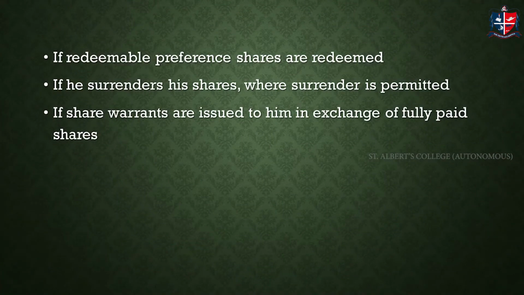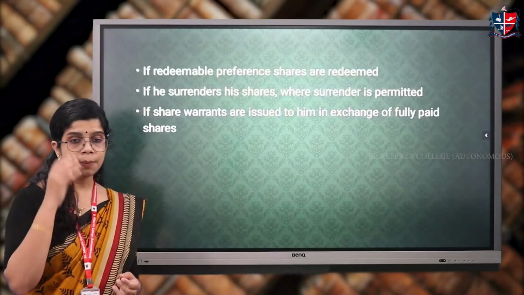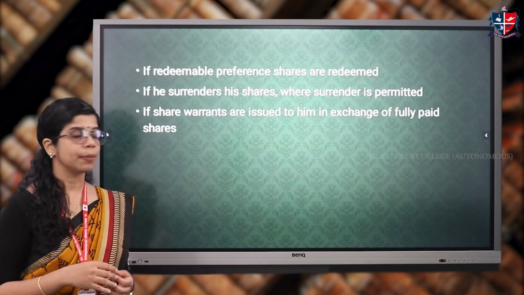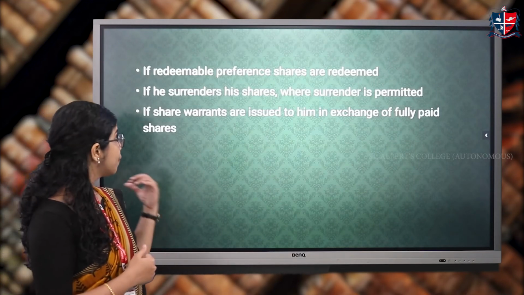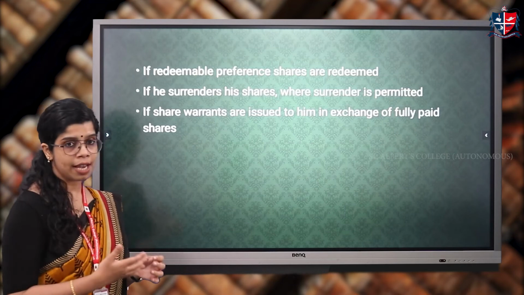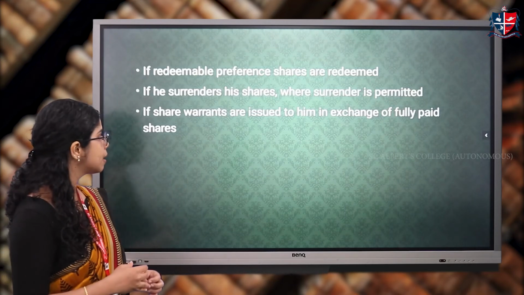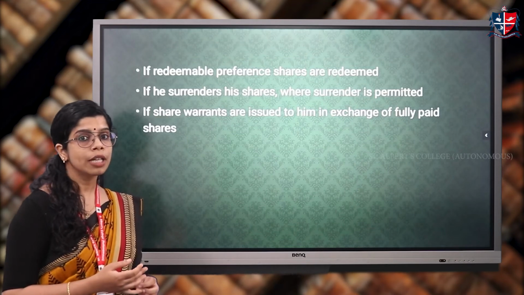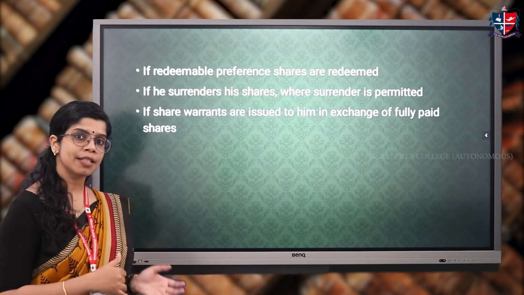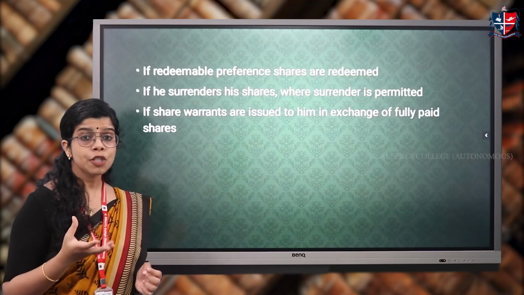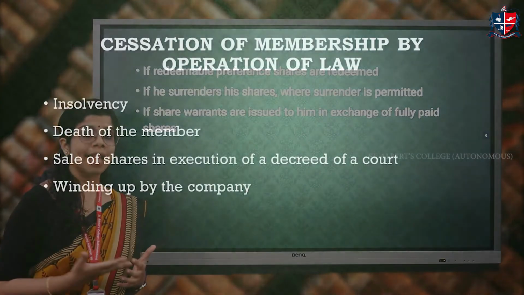If redeemable preference shares are redeemed, then the preference shareholder no longer remains a member of the company. If the shareholder surrenders his shares wherever surrender is permitted, and if share warrants are issued to him in exchange for fully paid shares. So these are the situations in which a member's membership ceases because of his own act.